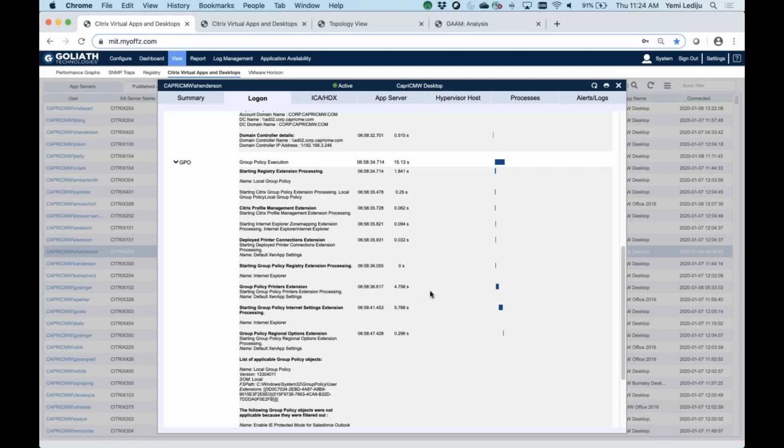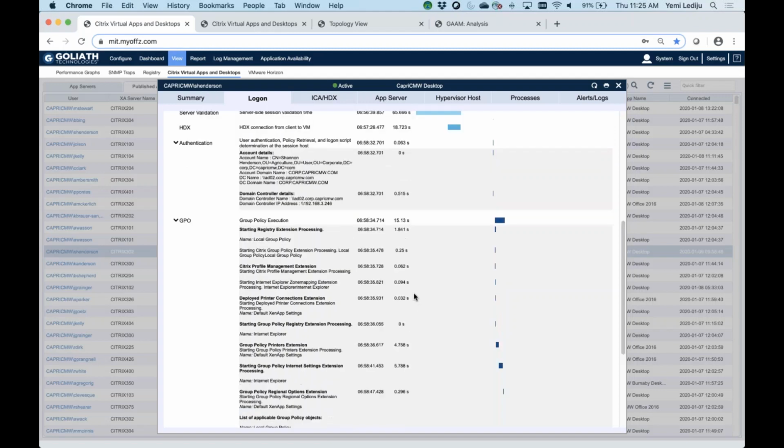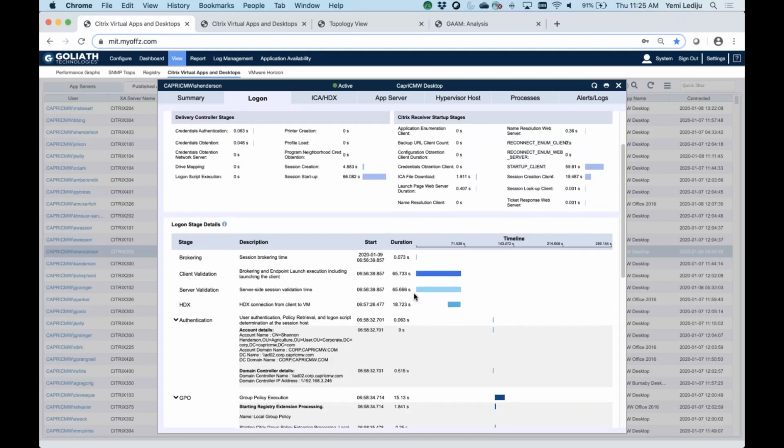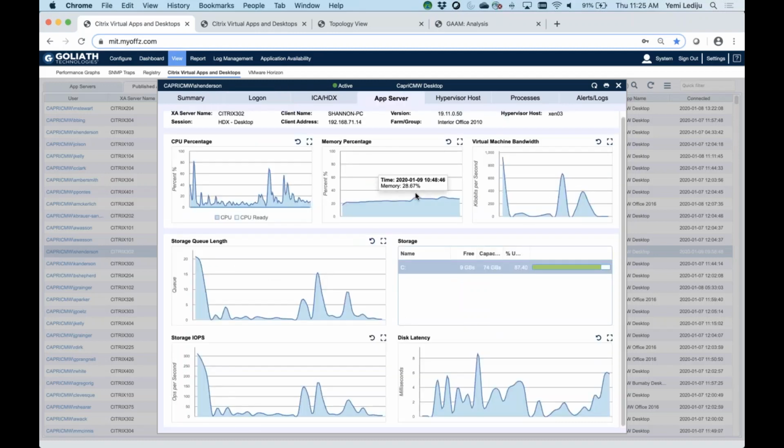They were able to see the group policy name, how long it was taking, and how it was affecting those users' sessions. It was a really quick and easy fix: remove the policy, and they were able to cut the logon times by 2 minutes. Finally, the last thing that they were able to find was that within some of those machines supporting sessions, there were a lot of memory utilization issues, and that was also contributing time to the logon process.